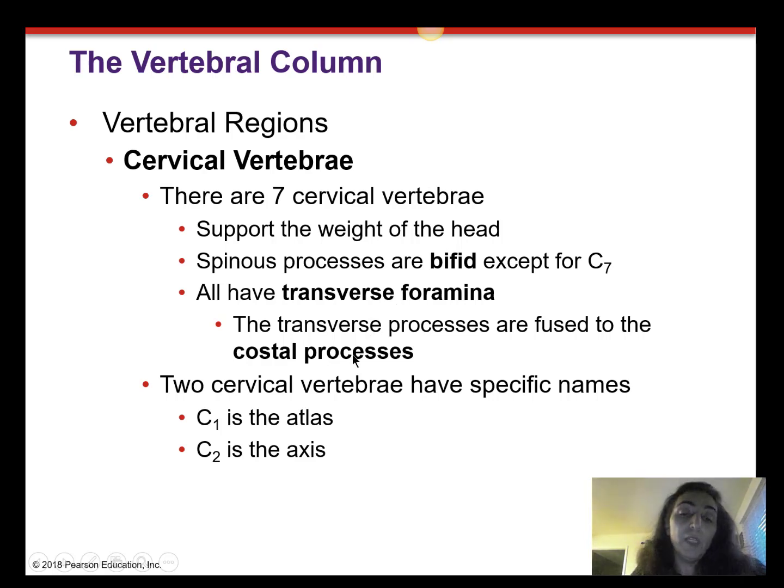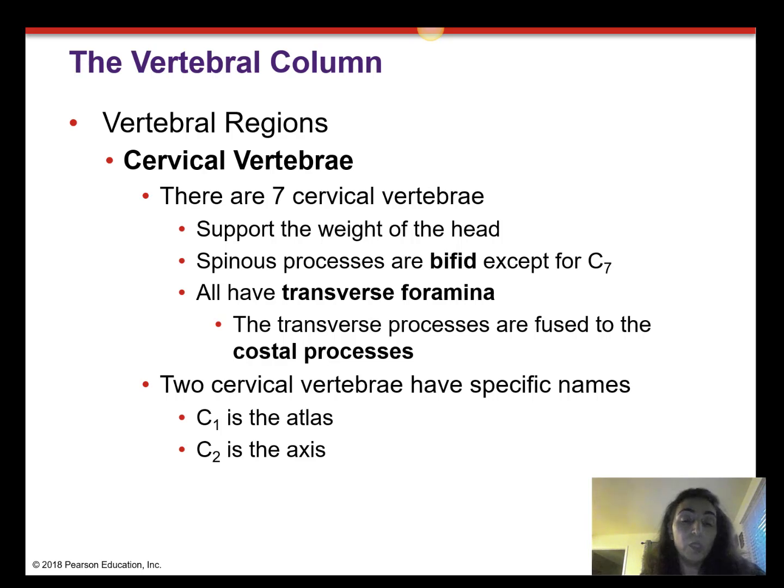So besides that, this is the general and unique characteristic for the cervical vertebra. It means that if a vertebra has a transverse foramen on each side, it is a cervical vertebra. If it doesn't have one, it is not a cervical vertebra.